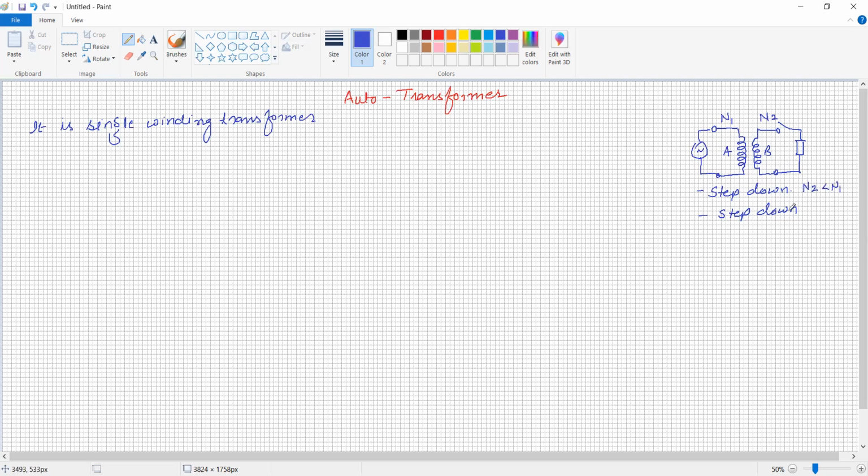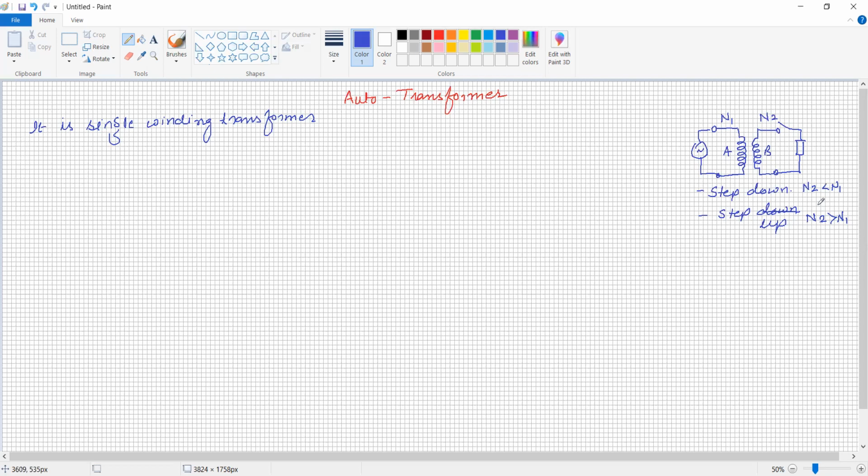For the step up transformer, the number of turns in the secondary winding is greater than the number of turns in the primary winding. So this two winding transformer provides a change in voltage at the secondary terminal, either more than the primary voltage or lower than the primary voltage.